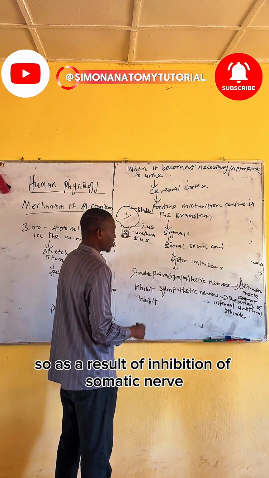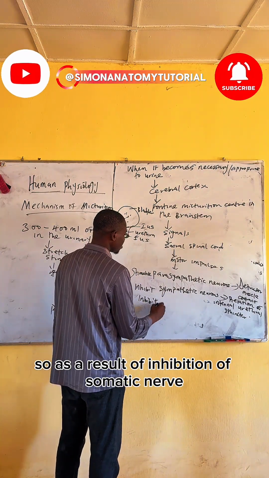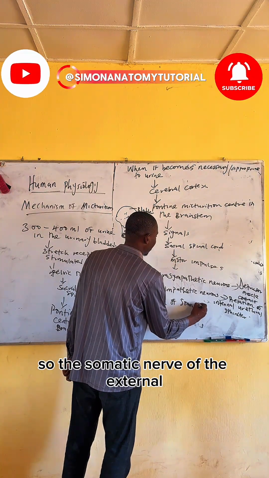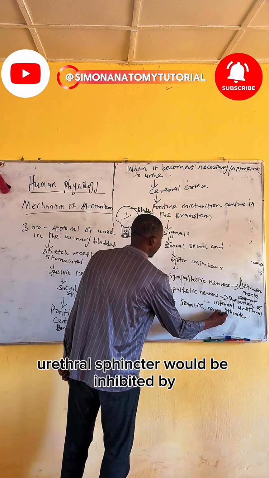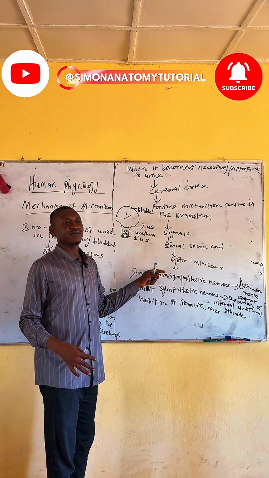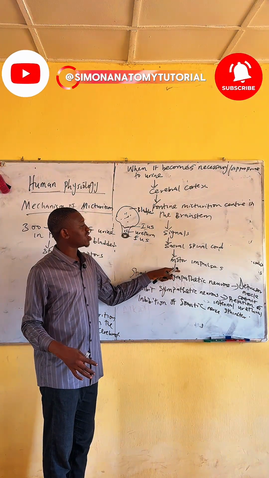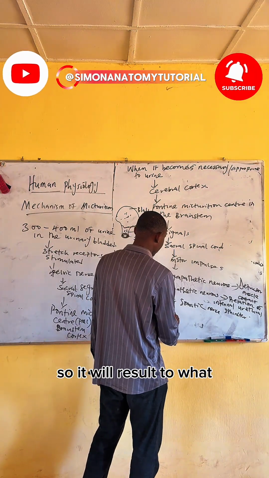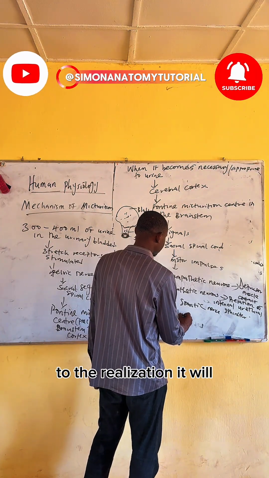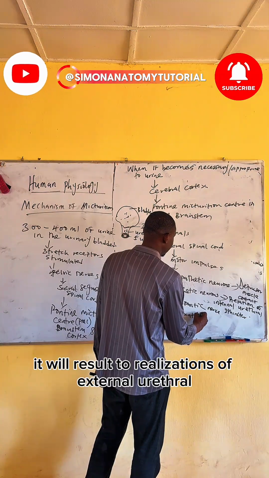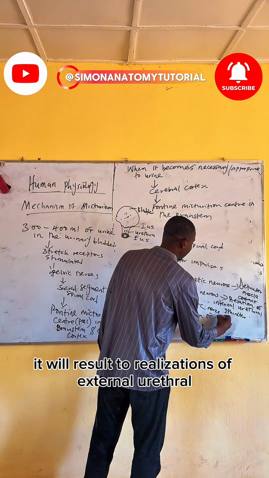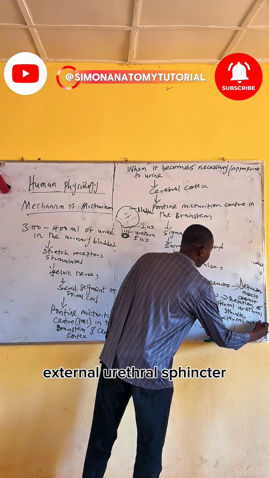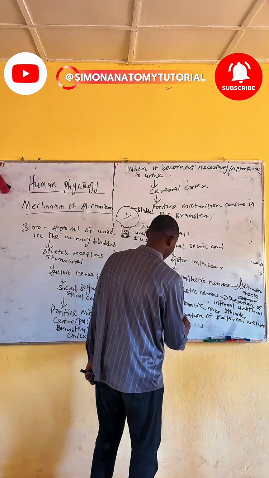So the somatic nerve of the external urethral sphincter will be inhibited by motor impulses from the sacral segment of the spinal cord. It will result in relaxation of the external urethral sphincter.